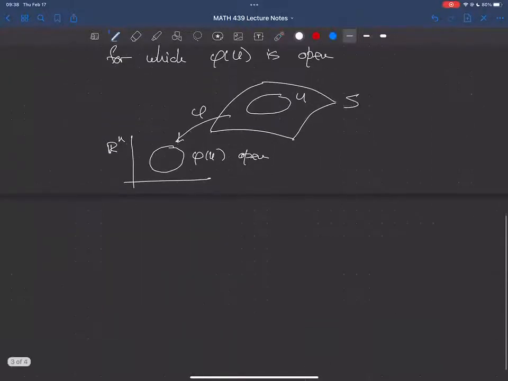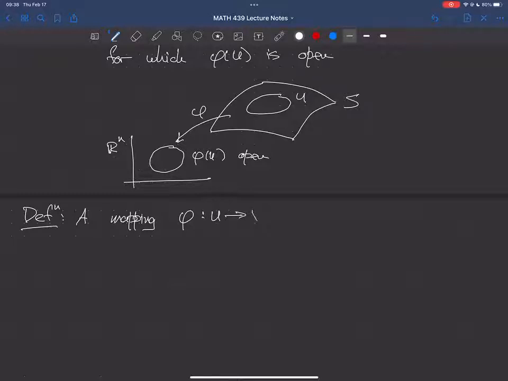Okay. And first to do that, let's introduce a simple piece of terminology coming from multivariable calculus. So a mapping phi from U into V. And what are U and V? So U and V are both open subsets of some Euclidean space.